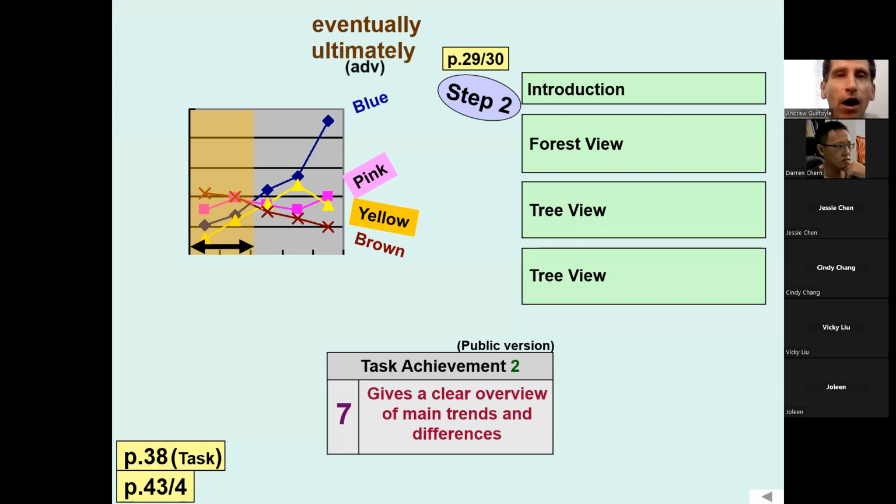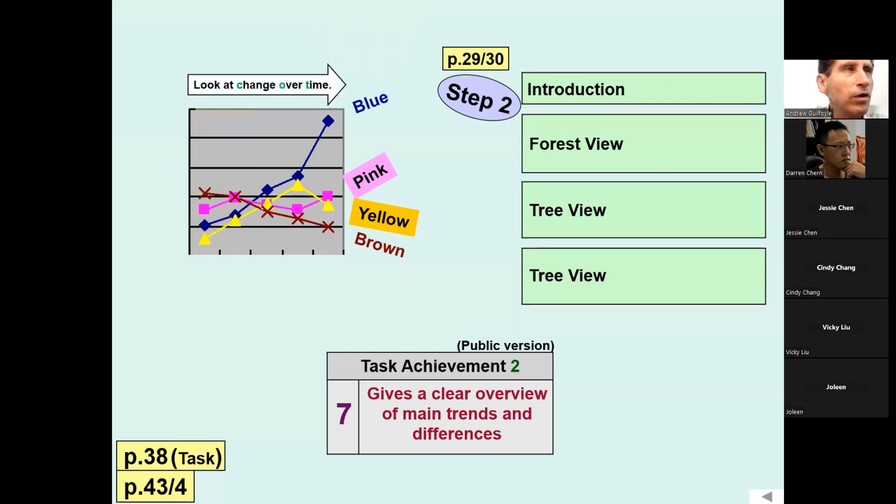It grows and ultimately becomes more than 2-fold higher than the others. So the point is, it's not always totally clear. You might have to shift the focus initially, ultimately. So that's good.